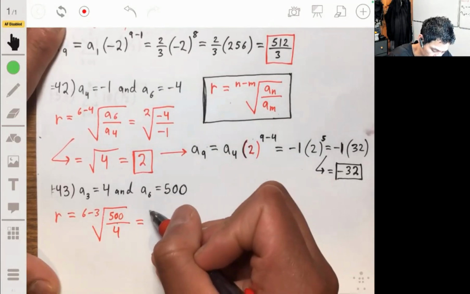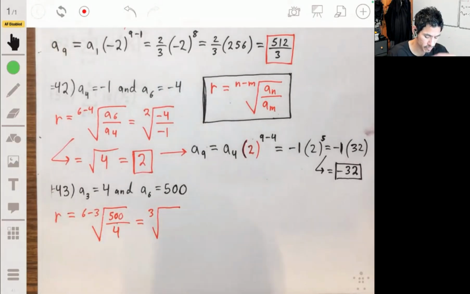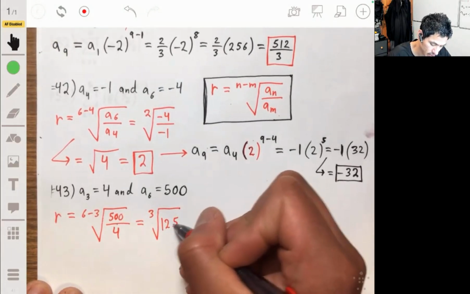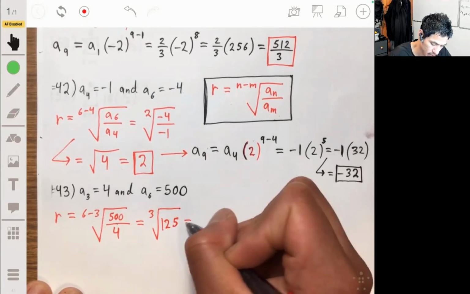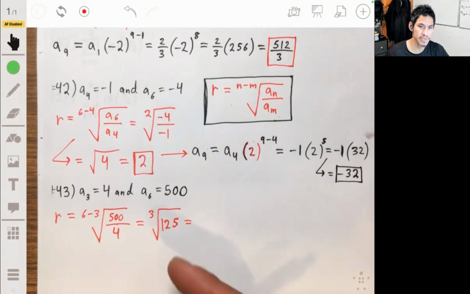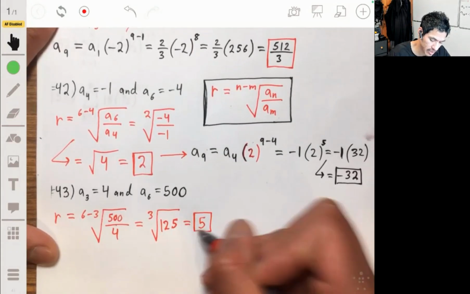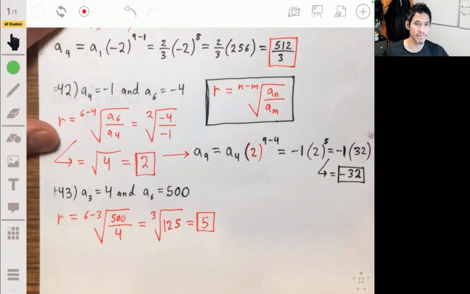So this will be the third root of 500 over 4, so 125. So what number times itself 3 times will give you 125? That'll be equal to 5. 5 times 5 times 5 is 125.